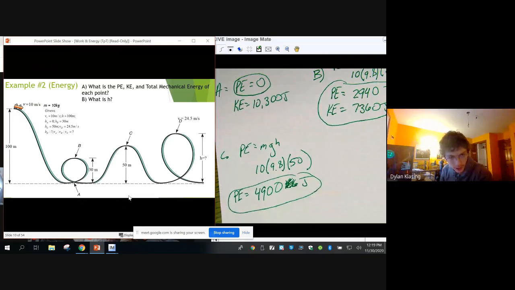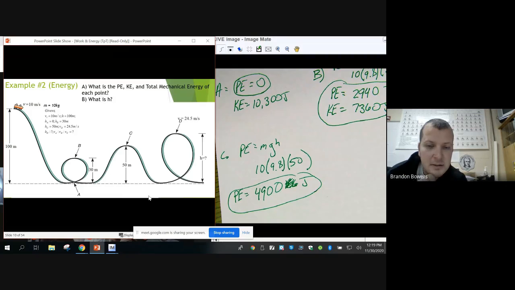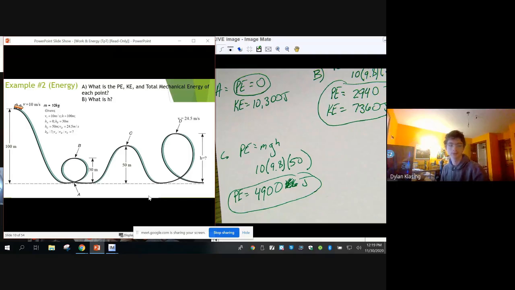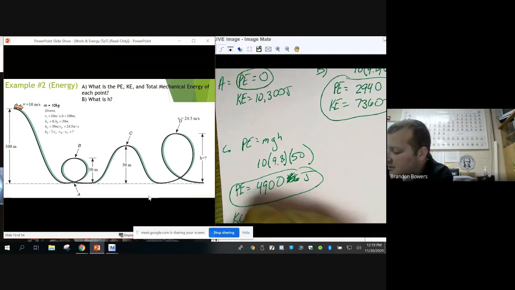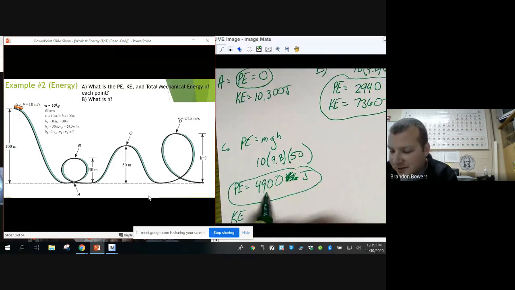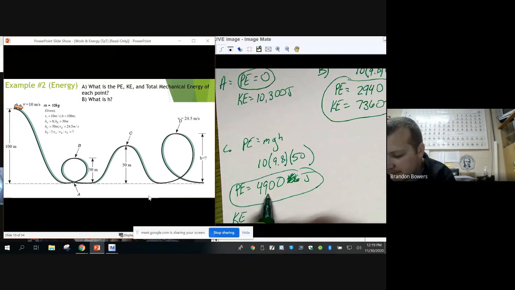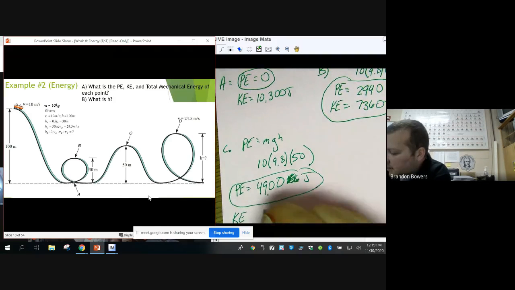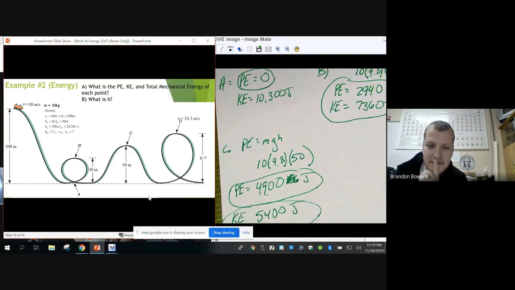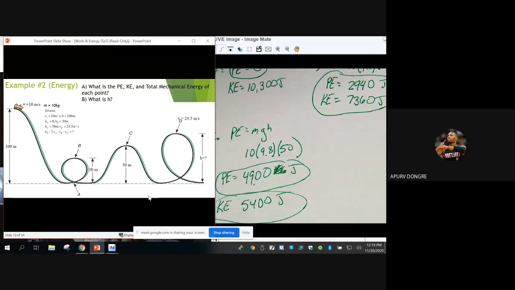Is this not taking into account any energy lost from the cart into the track? Because some of the energy will be transferred to the track from the cart. Correct. And then to find the kinetic energy, you subtract that number from 10,300. And I got 5,400. How do you guys feel on that? Pretty good.